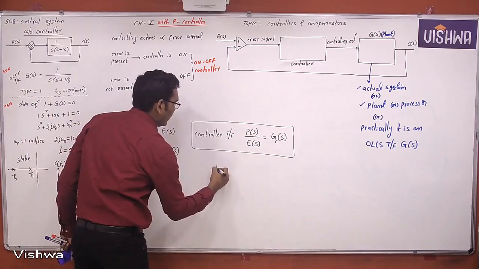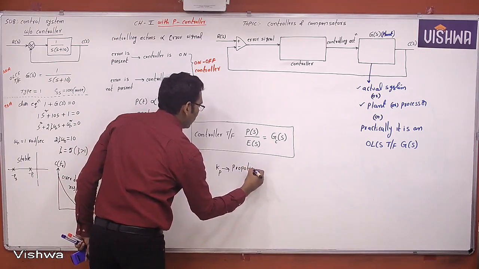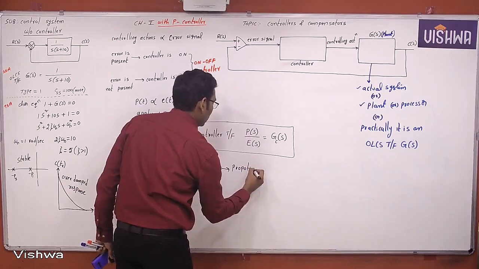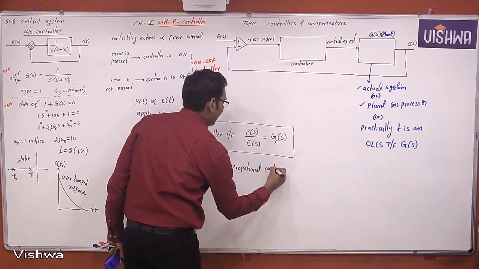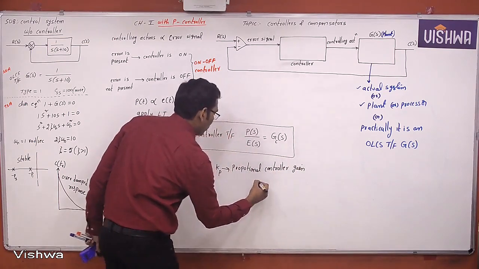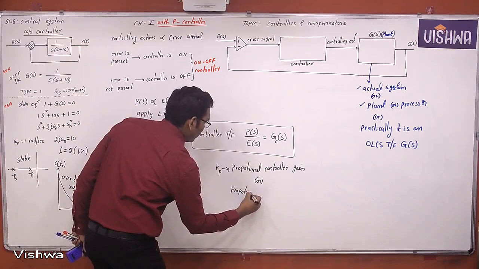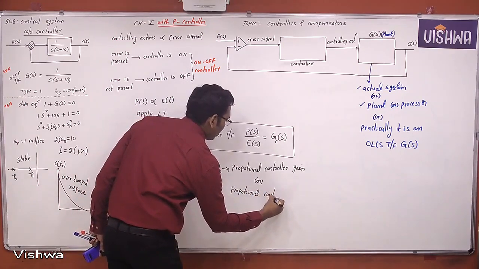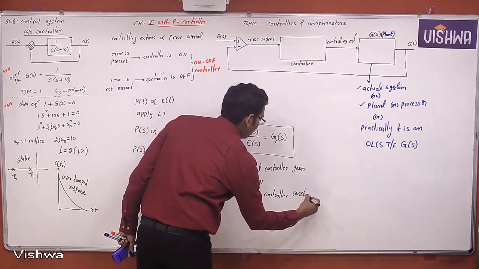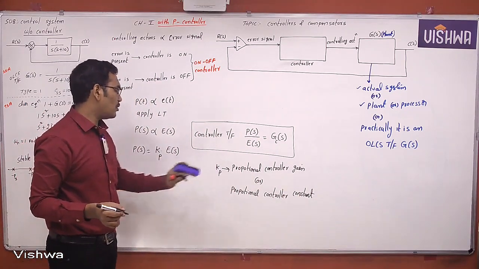What is Kp? Kp is nothing but the proportional controller gain, or proportional controller constant.